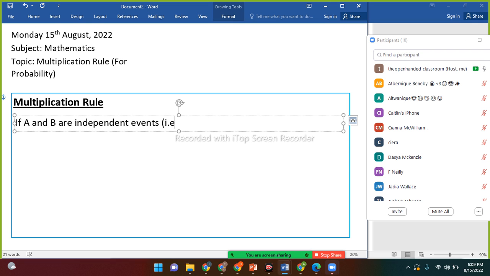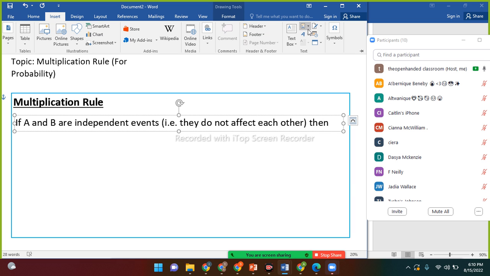That is to say, they do not affect each other. Then the multiplication rule states that.